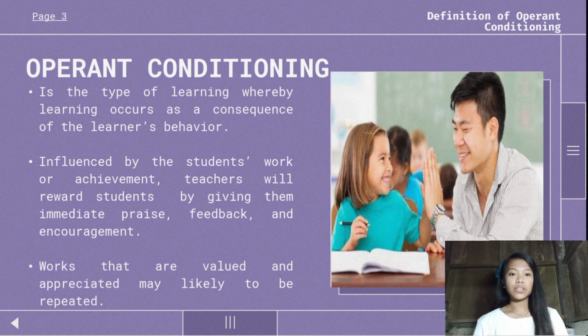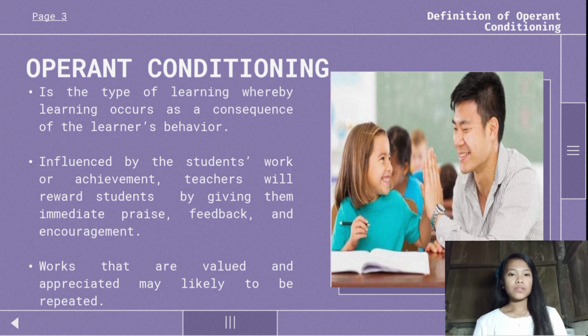So, as future educators, we should use the appropriate techniques and methods of teaching to make our students learn in an engaging way. So here, influenced by the students' work or achievement, teachers will reward students by giving them immediate praise, feedback, and encouragement.